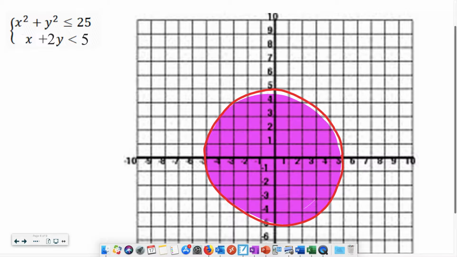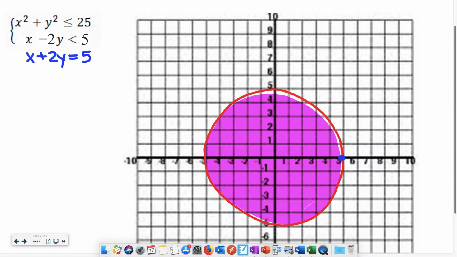Now, x plus 2y is less than 5. There are two different ways you can graph this line, but we need to graph the line x plus 2y equals 5. If you would like to put it in slope-intercept form, you go for it. Or you can use the intercept method, like we did before. If I plug 0 in for y, what is our x-intercept? 5. That's a nice one to pick then.